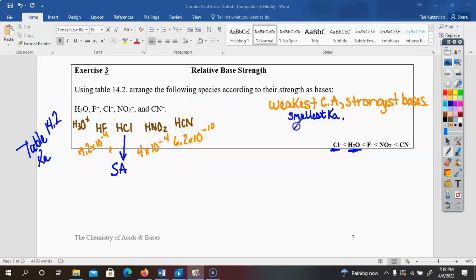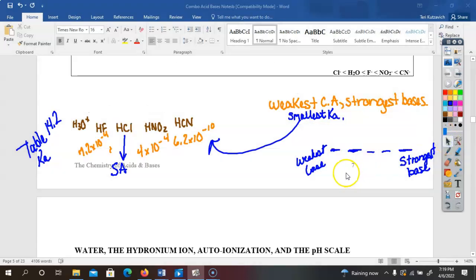Well, this is going to be my smallest Ka, so it's my weakest conjugate acid, which means it's my strongest base. And then look at the numbers comparing HF and HNO2, and that's how you get them. So CN negative is your strongest base, and this is your weakest base. All right, let's move on.